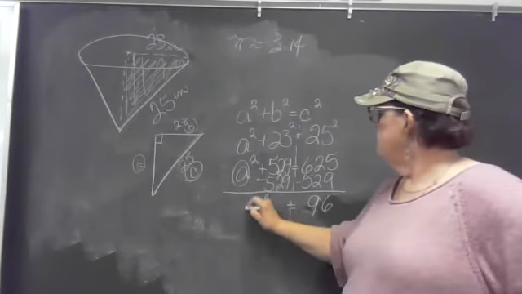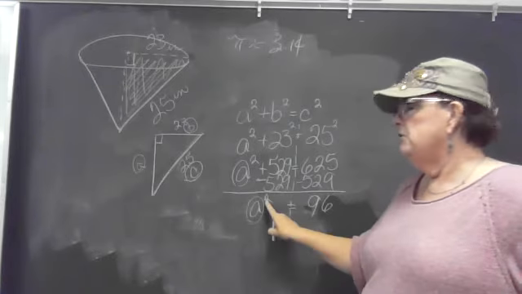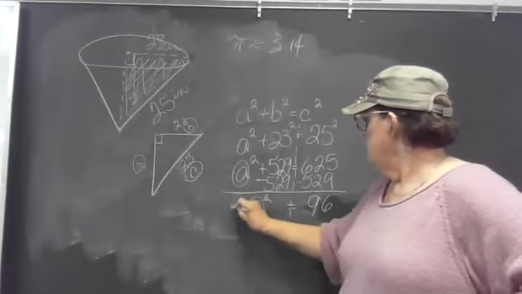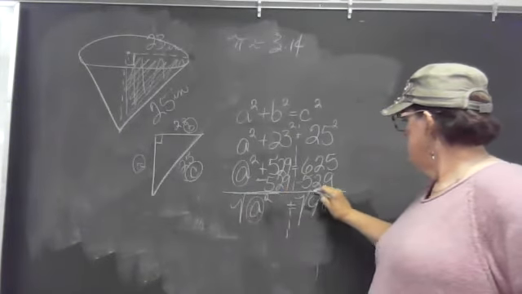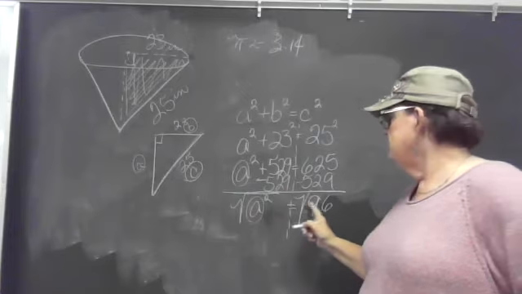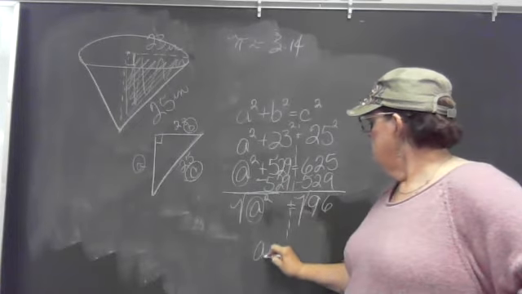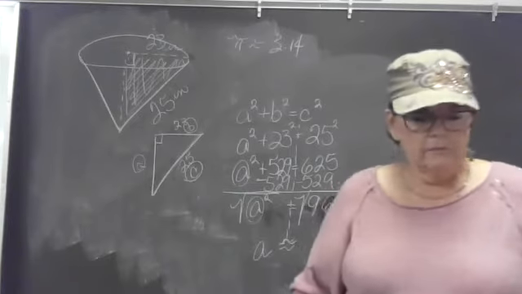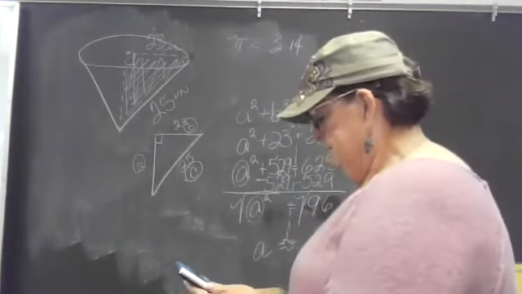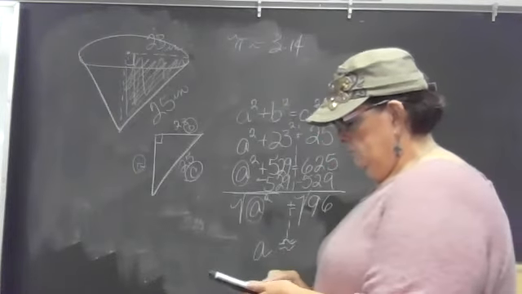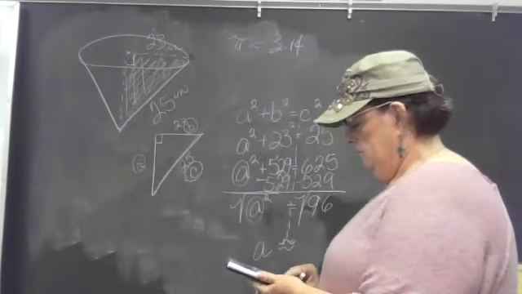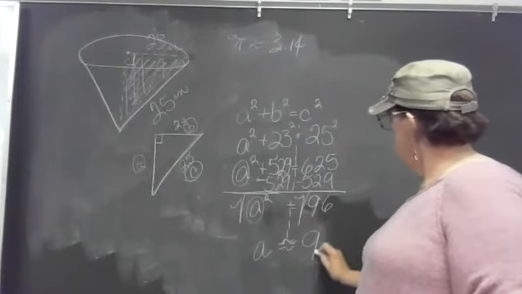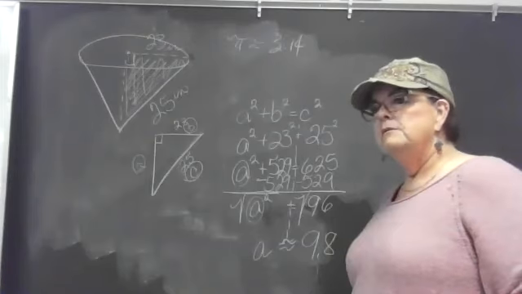Now this is the part that people usually forget. If I want the A by itself, I have to get rid of the squared. And the opposite of squared is square root. So I'm going to square root both sides. This is where you go to your calculator because there isn't a perfect square of this. And so we have A is approximately 9.8 approximately.